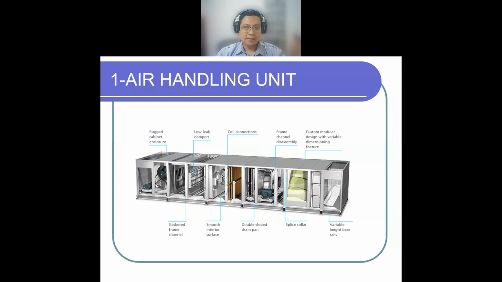Starting, they already put it in the AHU design. So they have a VAV to control air volume here, and also they have the filter, and then this one is the coil.